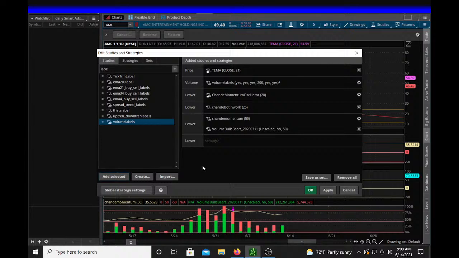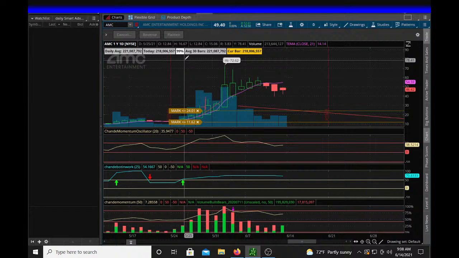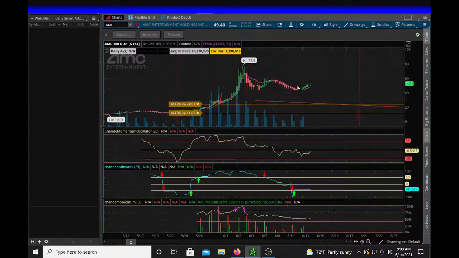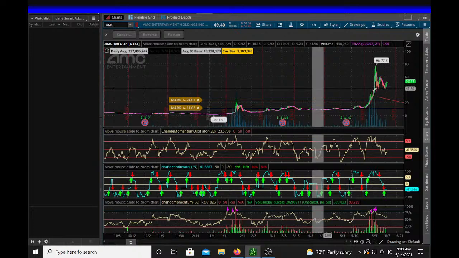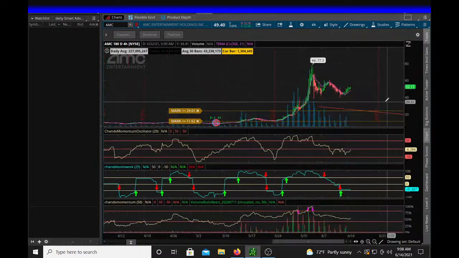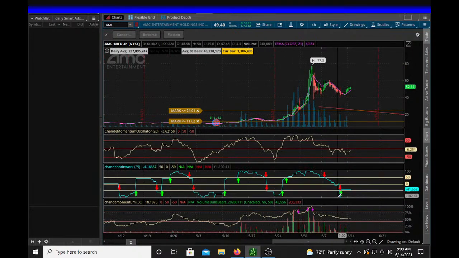Okay. And we'll hit apply. Now let's see what's going on. We haven't reached, but just almost reached 100% on the day. So if that's 100% on the day, we should be reaching it very, very soon on the 4-hour as well.